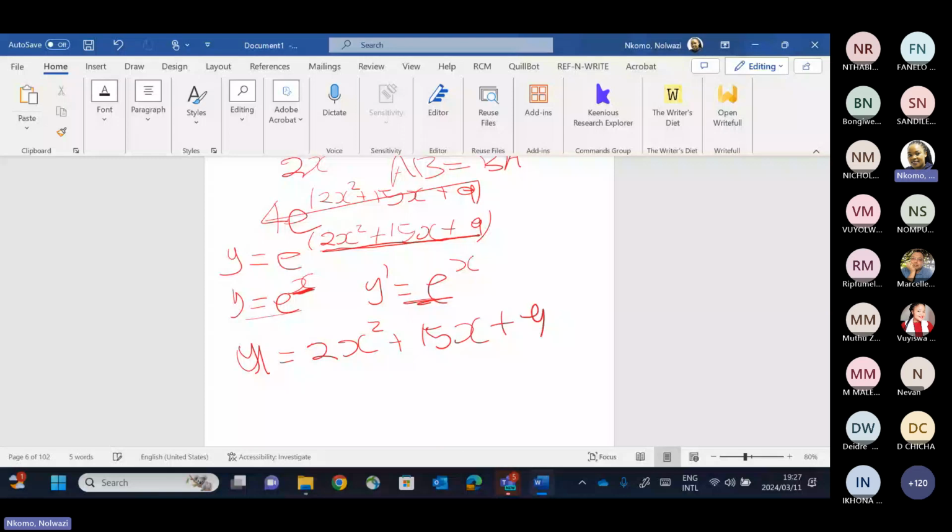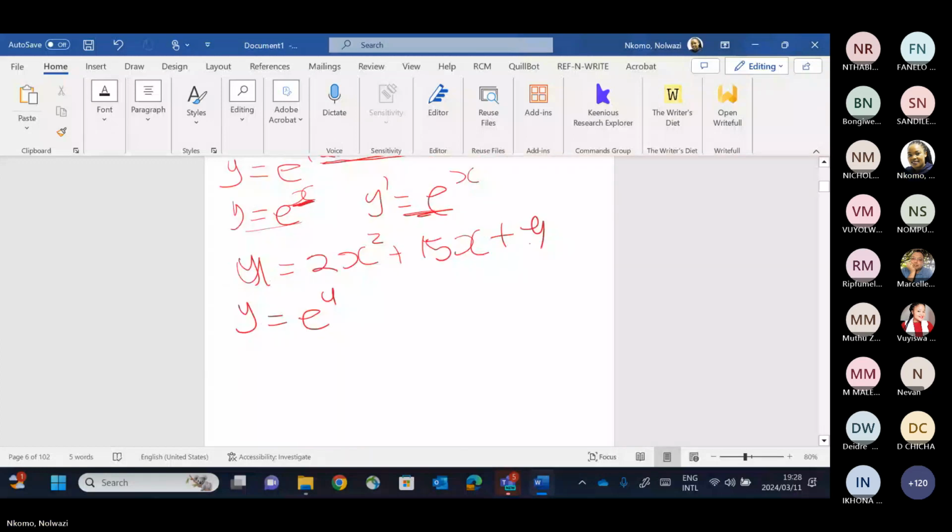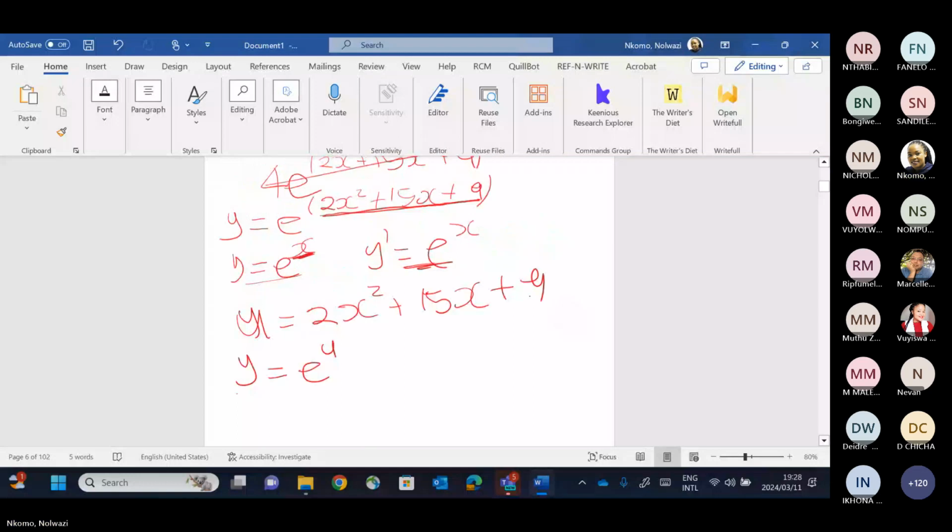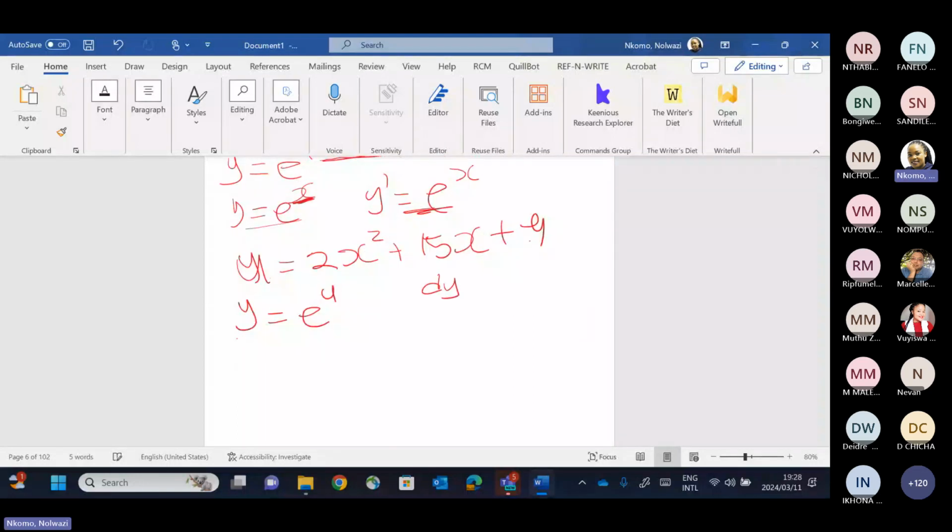If u is this, we have a new function, y equals e to the power u, right? Remember, we are asked to find dy over dx, and y is a function of u, but u is a function of another variable.